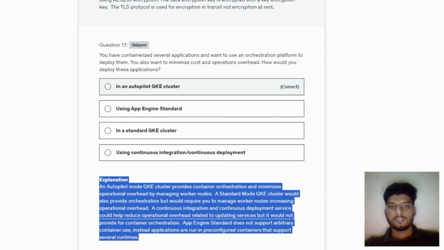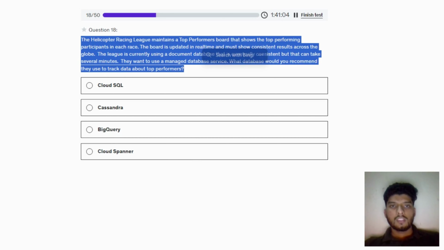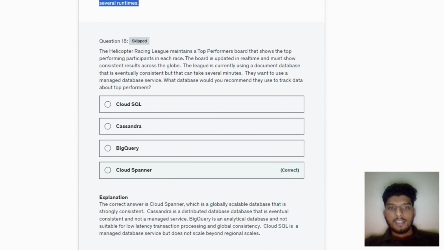The next question is, so you have to select the right answer from the below options. The right answer is Cloud Spanner. And here is the explanation: the correct answer is Cloud Spanner, which is a globally scalable database that is strongly consistent.